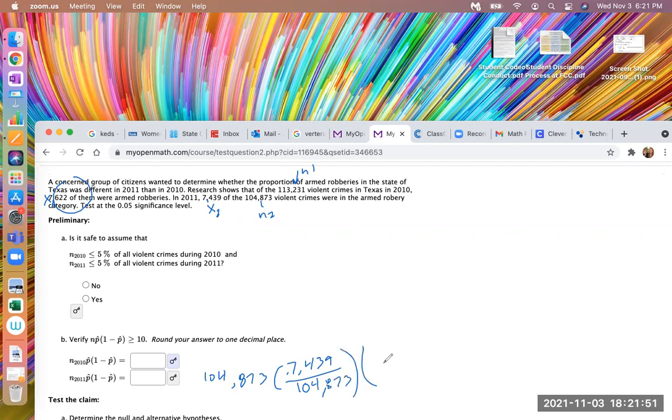And then times by 1 minus 7439 over 104,873. And so you know that this is my p hat, that's my 1 minus p hat, and that's my n, 2011. Right, and I plug everything in into my calculator.